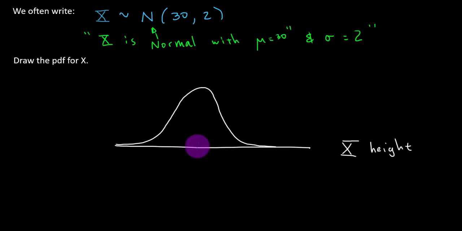I know the mean of these heights is 30 inches. Maybe I should even put inches over here. And just to be a little bit more descriptive with this graph, I'm going to put a couple tick marks that represent a standard deviation away from the mean. I think that will do it for the side to the right, and we'll go to the left.